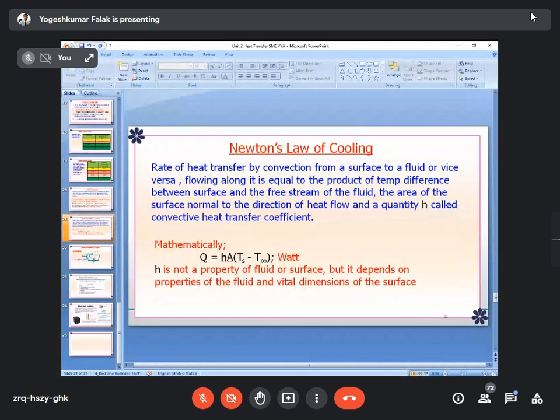So Q is equal to h A (Ts minus T infinity), or T1 minus T2, in watts, where h is not a property of the fluid or surface, but depends on the properties of the fluid and the vital dimension of the surface. So students, kindly note this Newton's law of cooling and its mathematical formula.